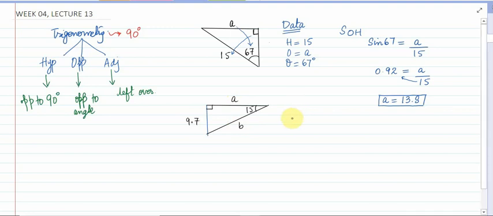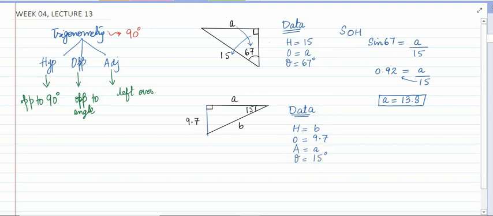First thing, like always, you need to write your data first. So B is what? B basically is our hypotenuse. 9.7 is basically our opposite, and the leftover adjacent is small a, and the angle we know is 15 degree.